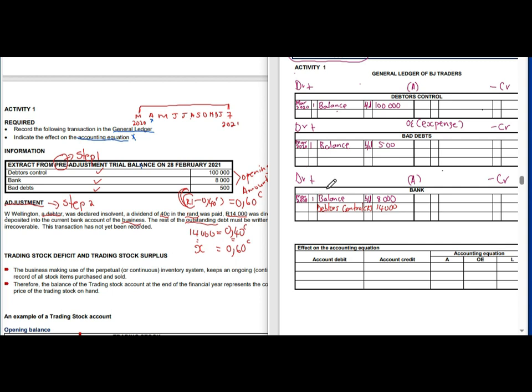Since this 14,000 is from debtors control, in accounting we use the principle that one account debited means another account must be credited, so we need to credit our debtors control.